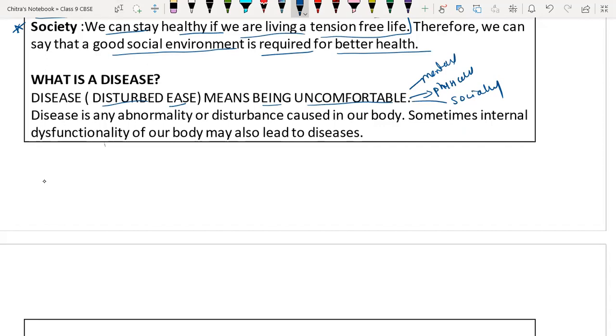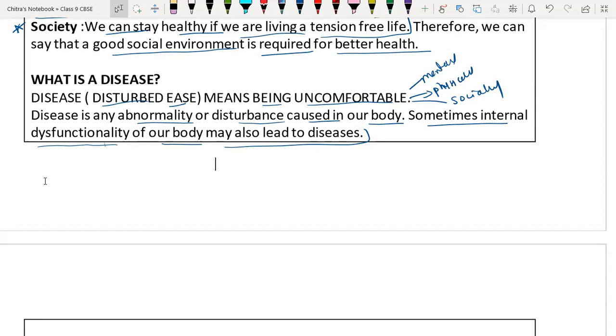Disease is the abnormality or disturbance caused in our body due to various reasons. Sometimes internal dysfunction of our body may also lead to disease. Dysfunction of any part of our body will lead to disease.